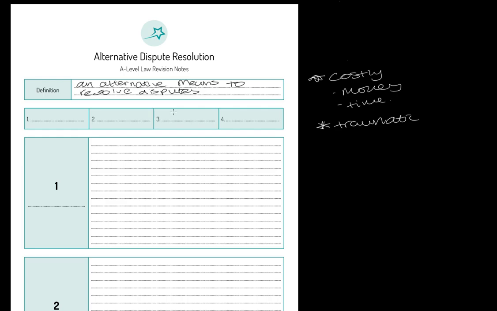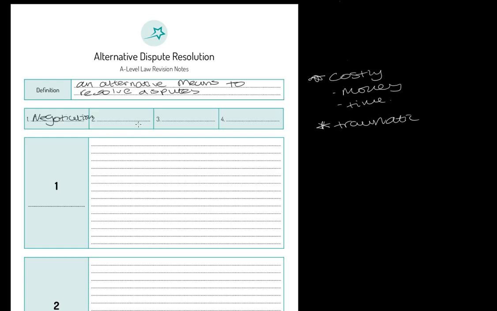There are 4 main types of ADR. If you hear me flicking, these are my notes that I've taken, just to talk you through it. Again, we're going to discuss each of them individually. The first type is negotiation.